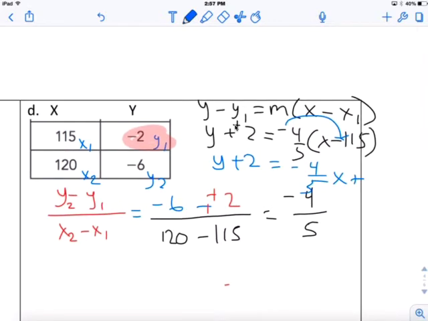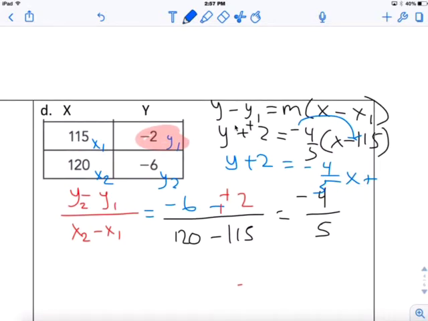Okay, 115 into that, 23, right? It's 23 times 5, 115. So 23 times 4 is 92.